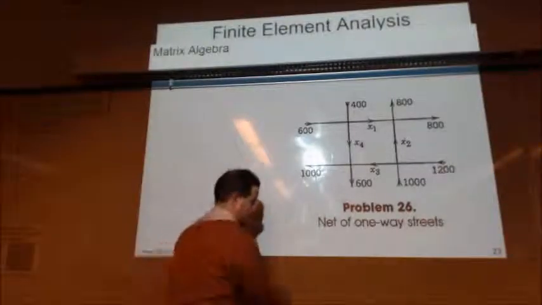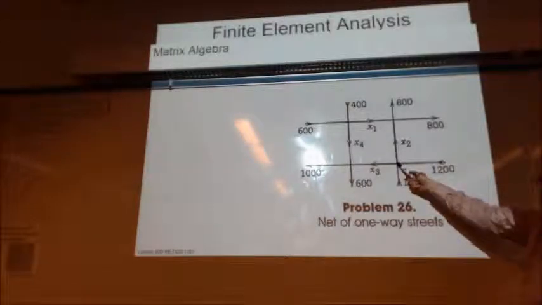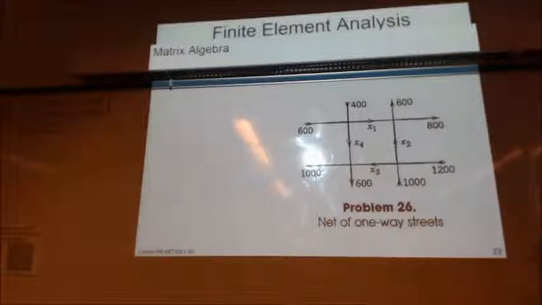But again, we can apply Kirchhoff's principle, right? At the nodes, whatever goes in has got to come out. So how might we set up our, so what's our process going to be? How are we going to solve this? What's the plan?